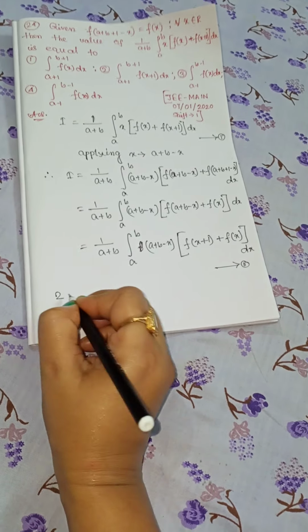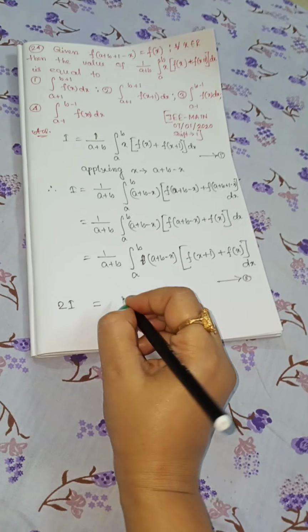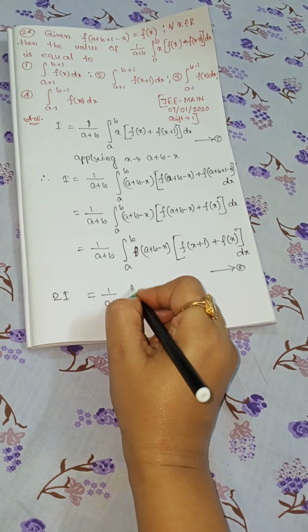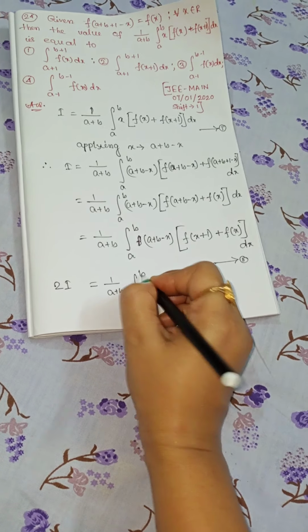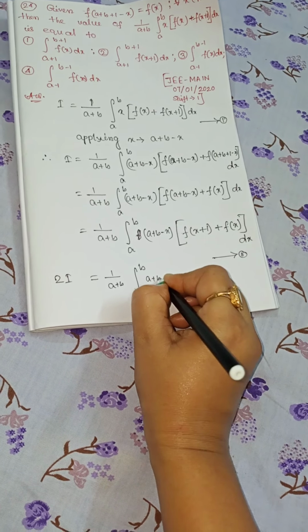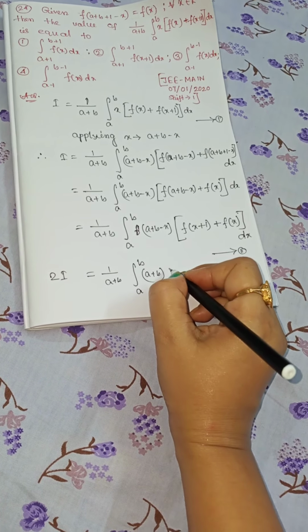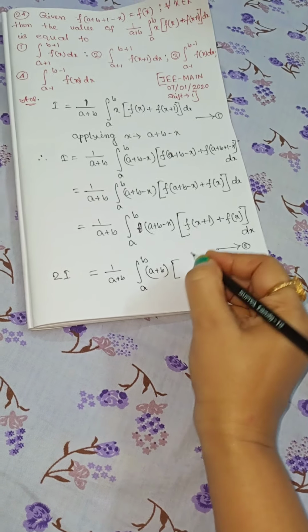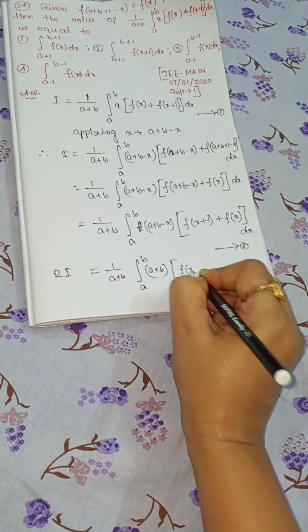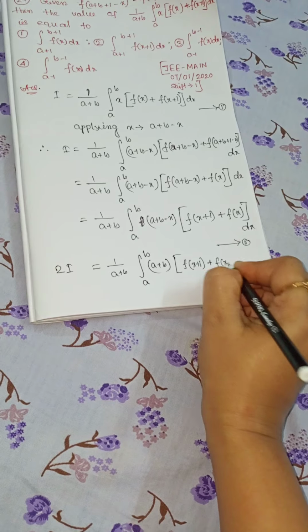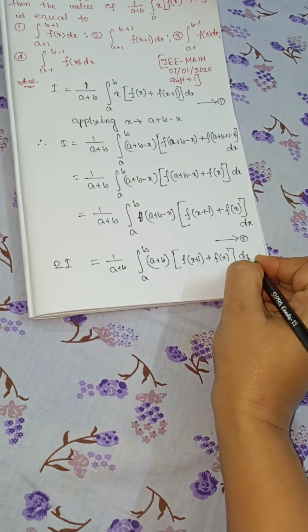Now adding these two equations, we get 2I is equal to 1/(a+b) integration of a to b, x is cancelled off, a + b into, this is the common factor, so f(x+1) plus f(x) dx.